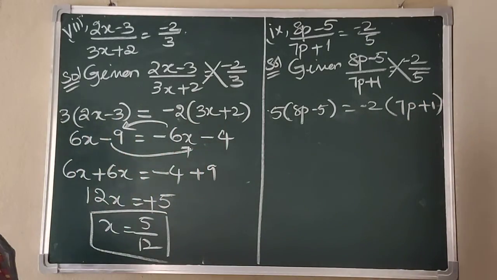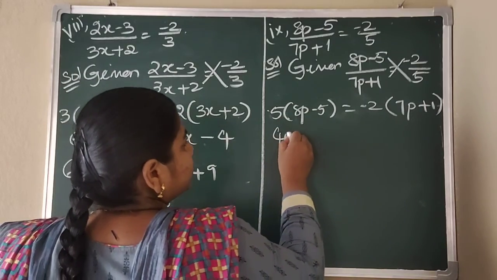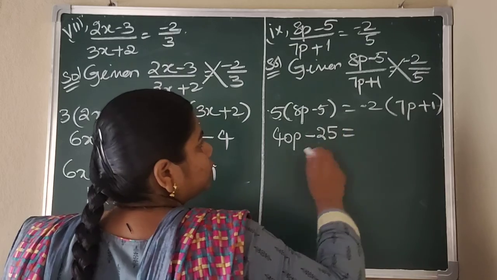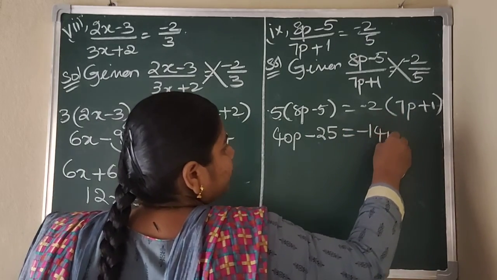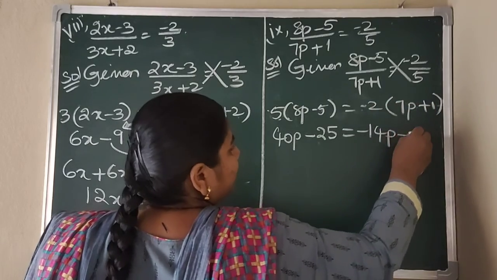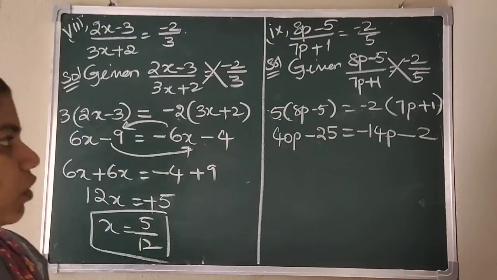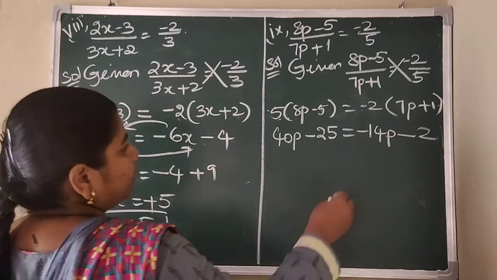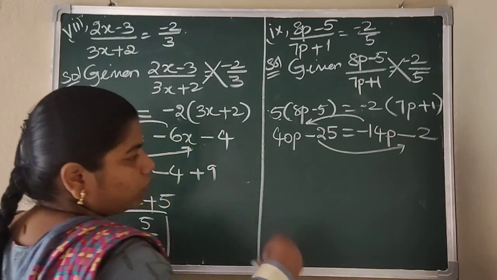Now each and every term we have to multiply. 5 8s is 40, that is 40p minus 5 5s is 25 is equal to minus 2 7s is 14, minus 14p, minus into plus is minus 2 1s is 2. Now bring all the constants to one side and all the variables to the other side. So I am bringing this to this side, and sending minus 25 over there.